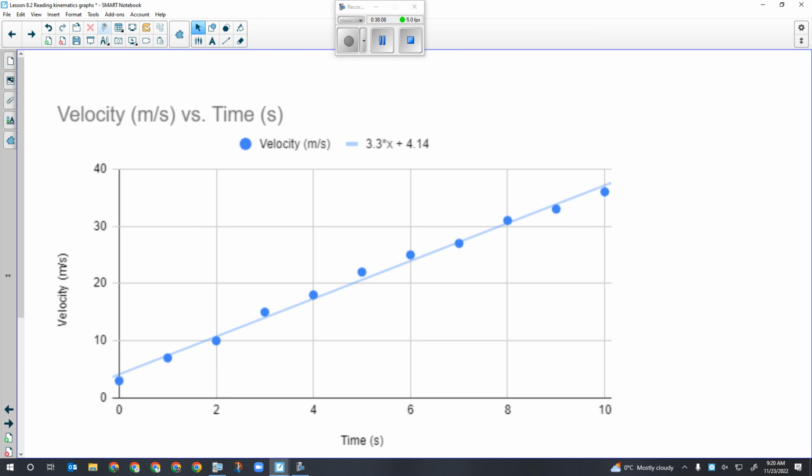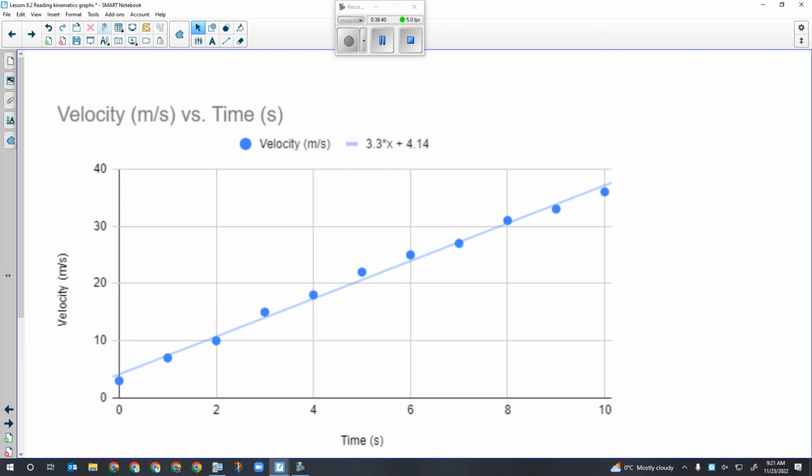If I wanted to calculate the displacement of this object, what would I do? And we've done this on a few graphs now. I calculate the area between the line and the x-axis. Now, how many shapes is that?